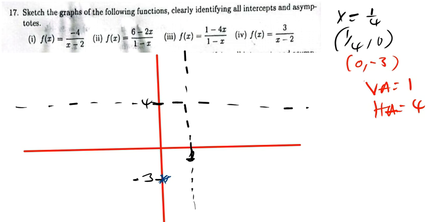Sometimes, even if we have not solved it, we can be able to know where this is. So the x-intercept is where now? 1 over 4. 1 over 4 is here. So another point is there.